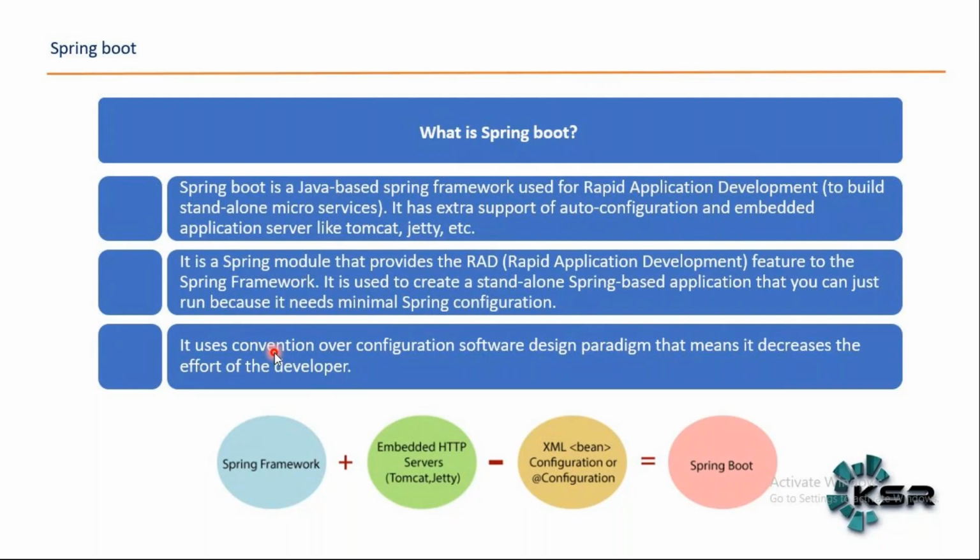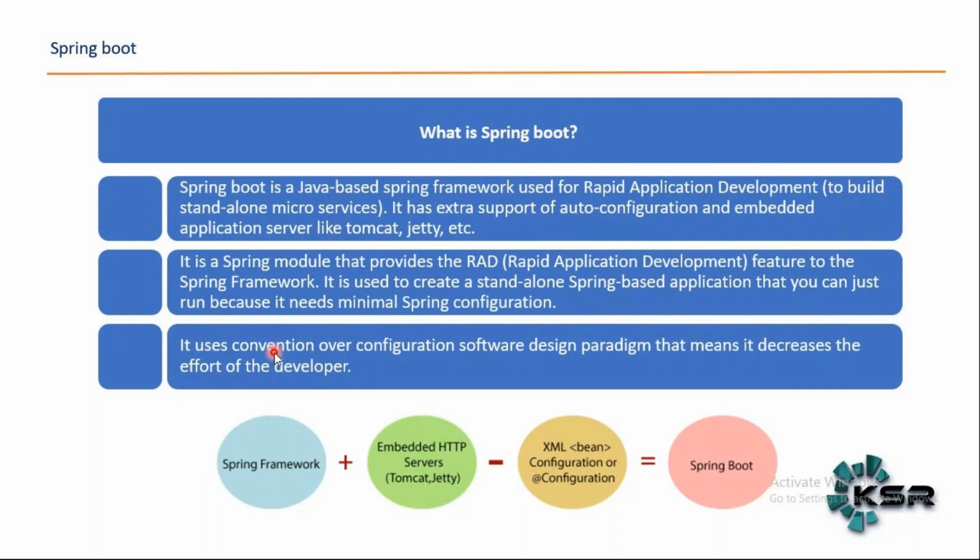Here you can see in the bottom picture what Spring Boot gives. Earlier we had the Spring framework where dependency injection, IOC, AOP, everything was there, and that is also there. Then we are adding the server also, Tomcat, Jetty and everything, for connecting to the server.